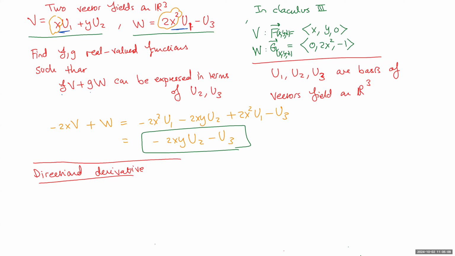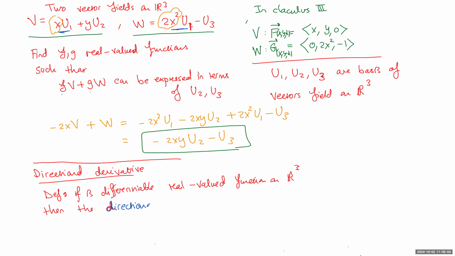The directional derivative says the following: if f is a differentiable real valued function on R3, then the directional derivative of f at a tangent vector at P. Remember directional derivative in Calc 3. So let's use green when we want to remember.